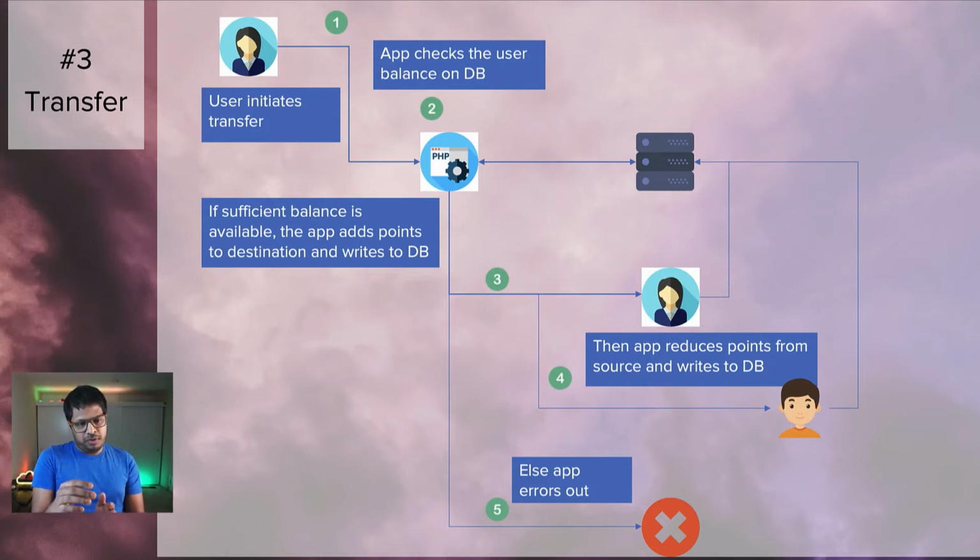Then the amount will get reduced from the source, and the transaction completes. In the non-happy path, the app will error out on the fifth step if the application finds that there is insufficient balance in the user's account.